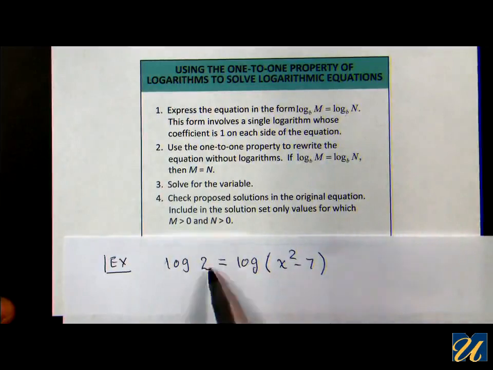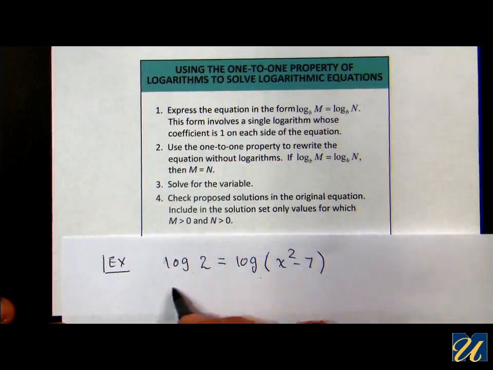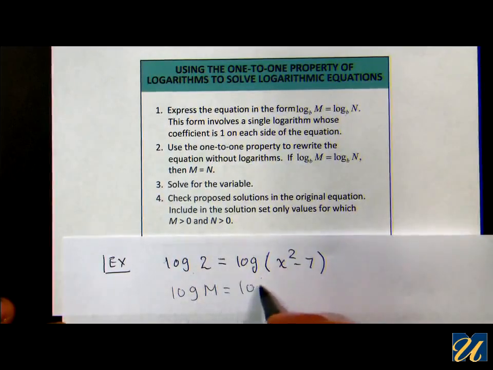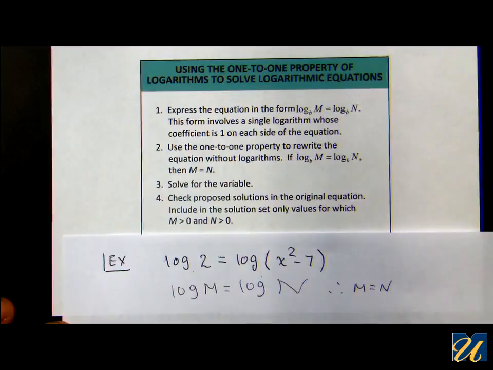Okay, we have the same base on both sides, base 10. We have log m equal log n. Therefore, m equals n. That is the one-to-one property.